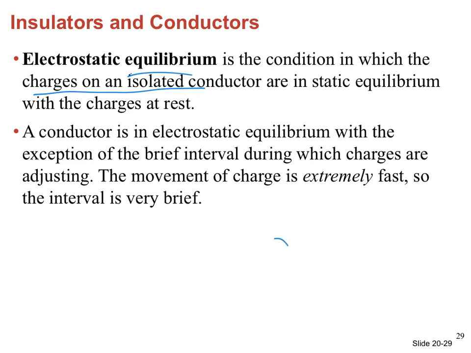So I could have an electrostatic equilibrium. If I have the metal sphere here and it's neutral, and I bring my negative rod here, right? Right now, these are both in electrostatic equilibrium, even though my rod is negative. Now, as I touch the sphere, some of those negative charges are going to transfer to the sphere.